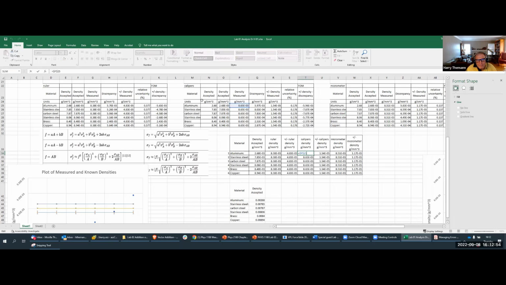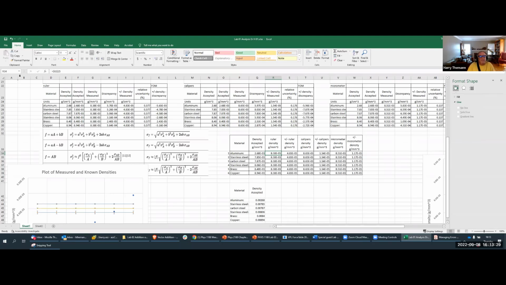Now notice I've got from the calipers, and same thing here. And now for the micrometer, and I put the dollar signs in. Now I can select all of them and drag the fill handle down, and it's always referencing the same place.